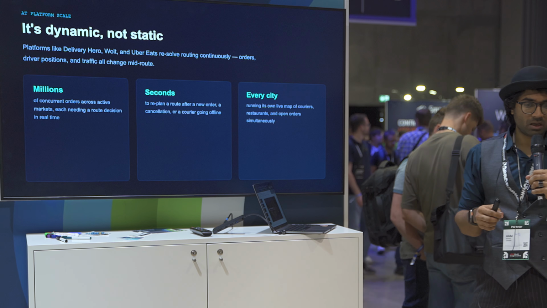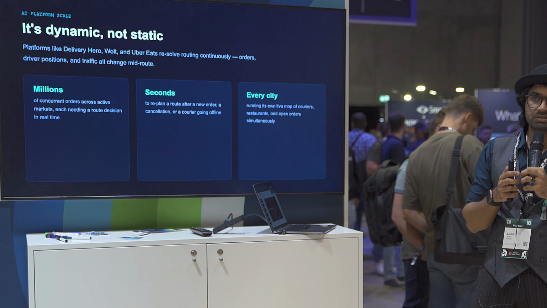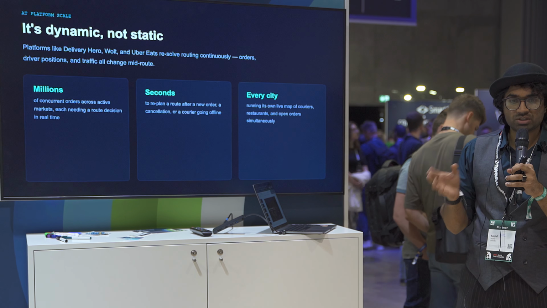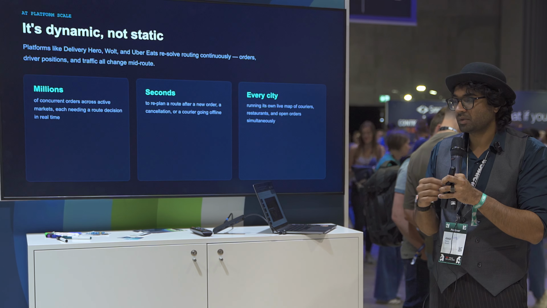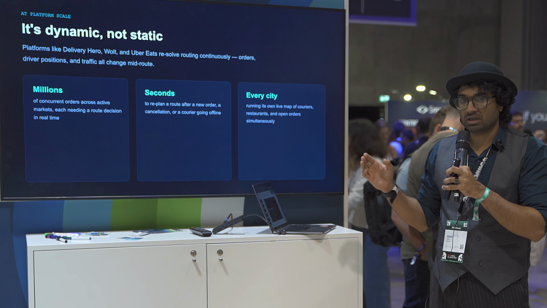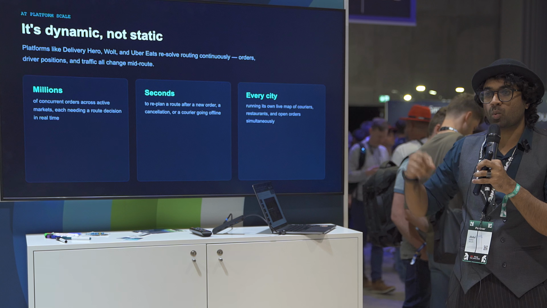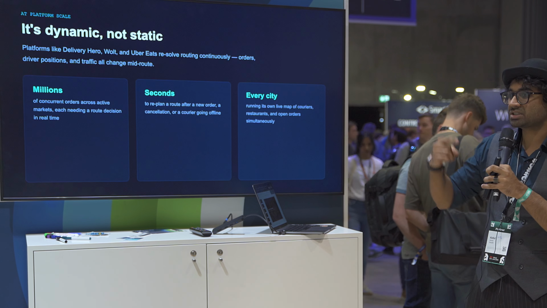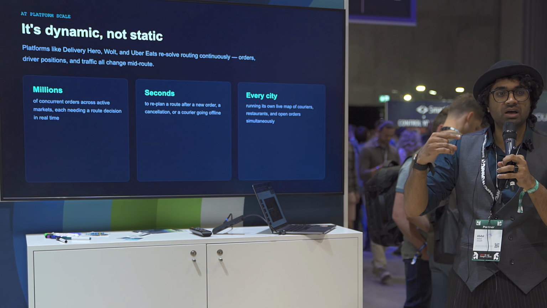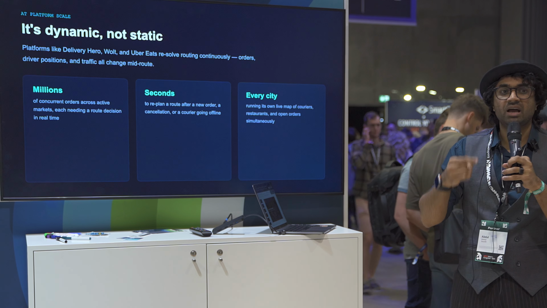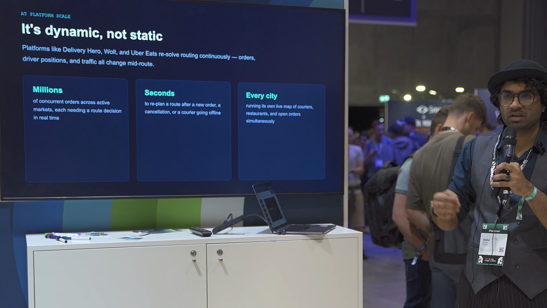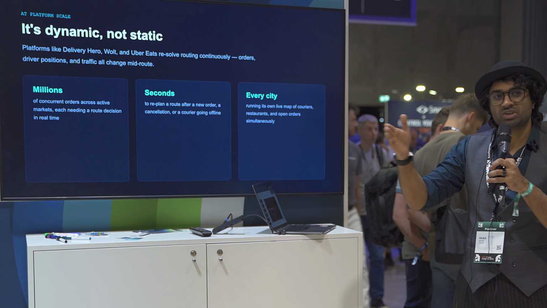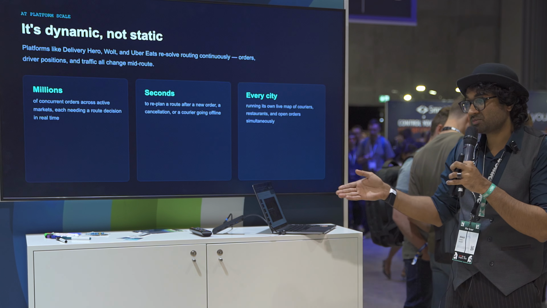Basically, in logistics companies, or even any delivery company, these vehicle routing problems are not a one-time fix. It's not static. It's continuously happening at a certain interval, like every 5 seconds or something like that, because the rider keeps changing location and new orders keep coming.